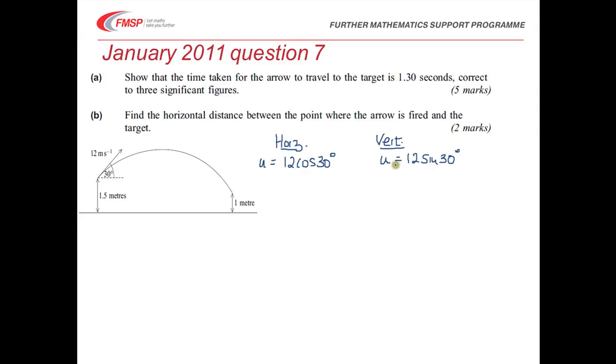If we just concentrate on the vertical part, let's assume that we're projecting it up in the air, so downwards will be negative and upwards will be positive. So upwards is positive, and the acceleration is going to be negative 9.8.